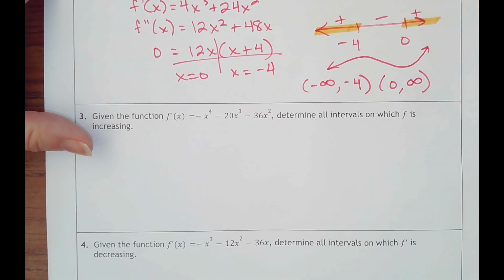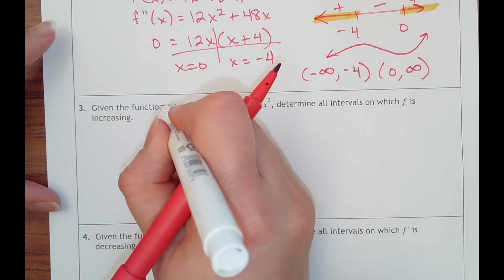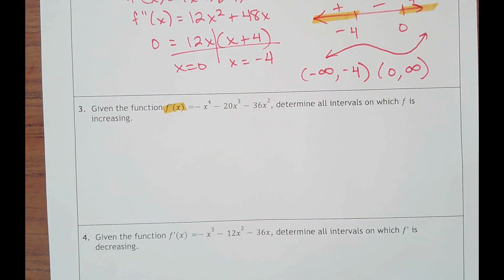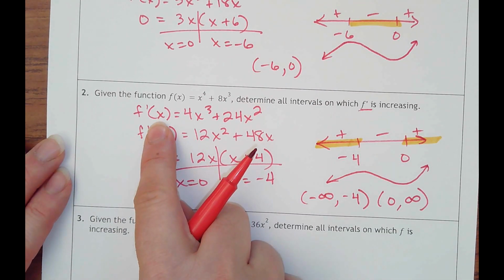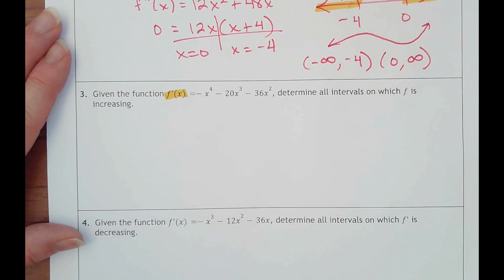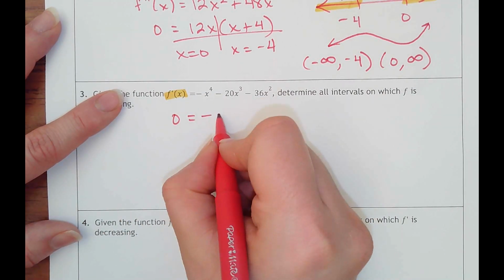Number 3, given the function f prime of x, so beware, this is now the derivative, determine all intervals on which f is increasing. So actually this gives us a step ahead and makes us skip taking the derivative at all. So we're just going to go ahead and set this equal to 0. Try to factor. I'm going to take out a negative x squared.